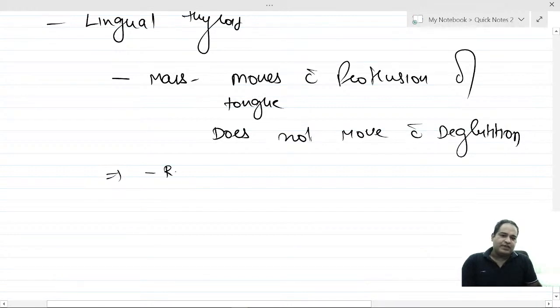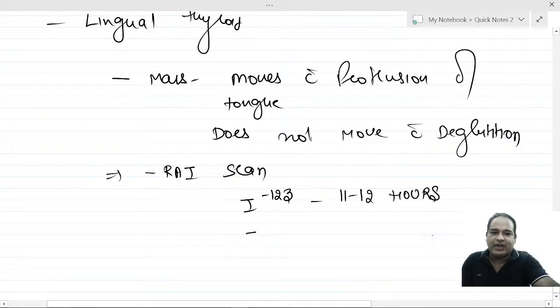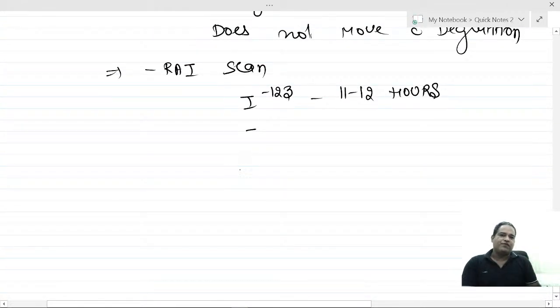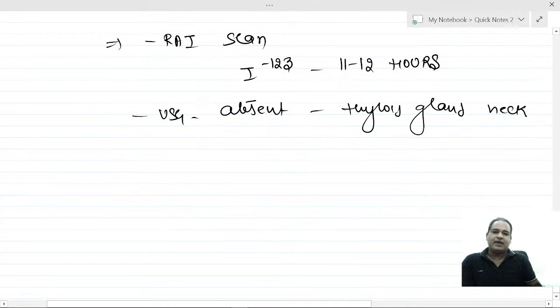Now, the investigation is a radioactive iodine scan, which is done with iodine 123. Why? Because it has a very short half-life of 11 to 12 hours. You can also do ultrasound, which will show an absent thyroid gland in the neck.